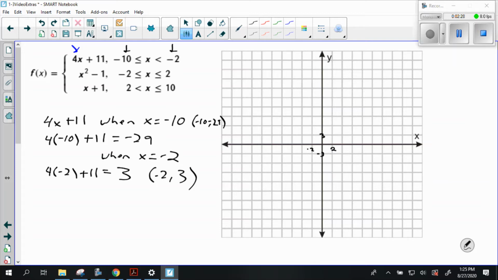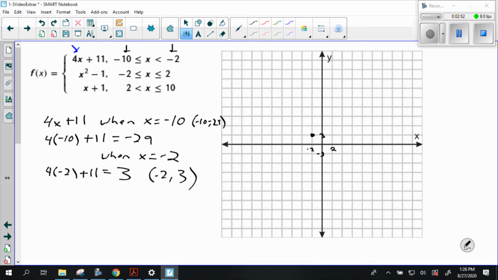It's kind of weird to have the units that way, but I think it's going to work out. Let's plot these 2 points. Negative 2, 3 is going to be right there, and negative 10, negative 29 is going to be down over here.